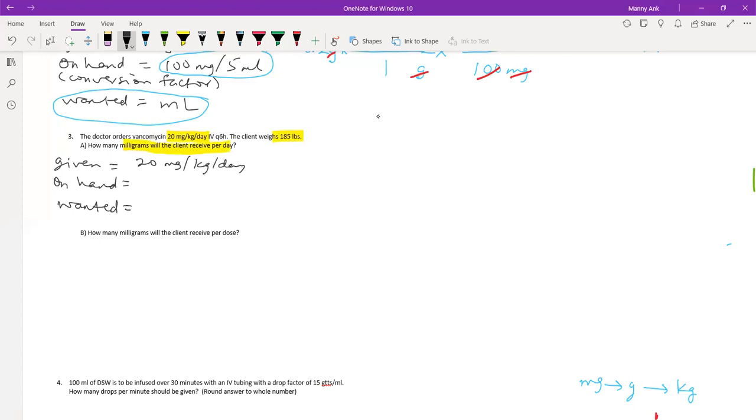On hand: in this case we don't have it, but we know the weight of the person, 185 pounds.